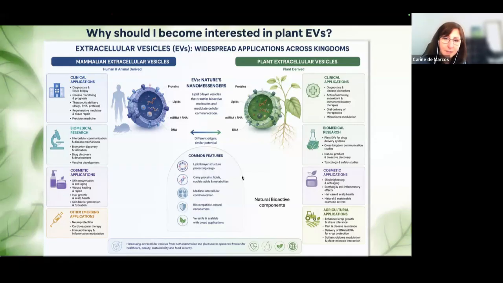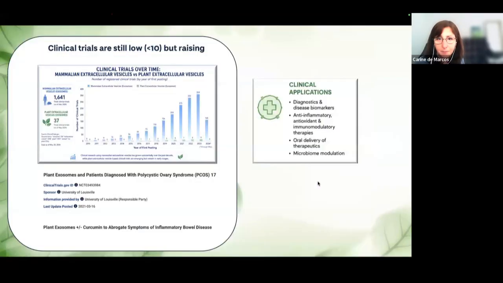One of the big advantages of plant extracellular vesicles and plant-derived vesicles is that they also contain natural bioactive components, and this makes them very attractive for using in different types of applications: clinical, biomedical, cosmetic, and agricultural. I'm going to go a little bit over each of them to give you an example.